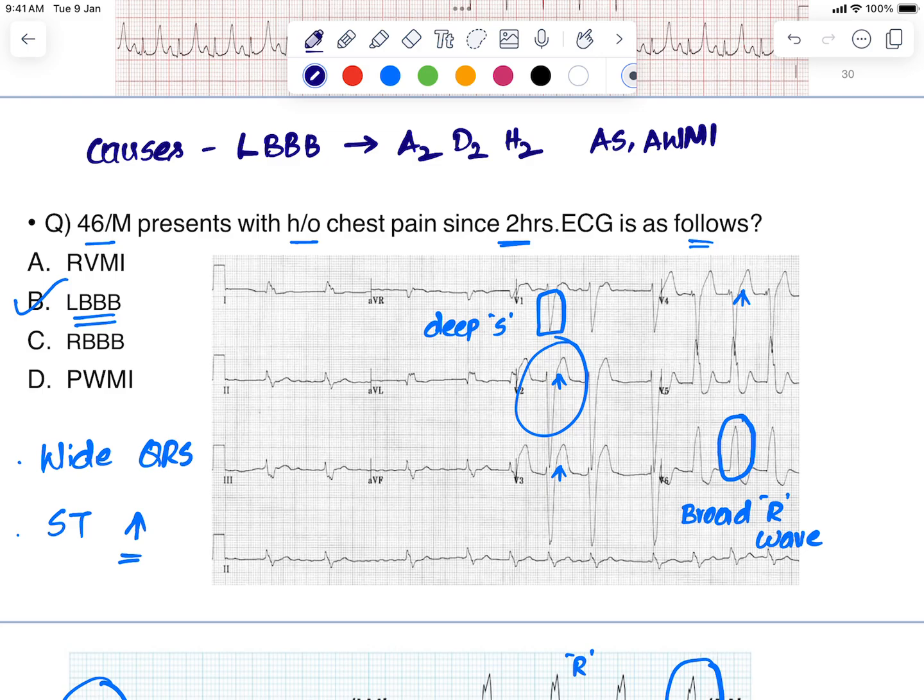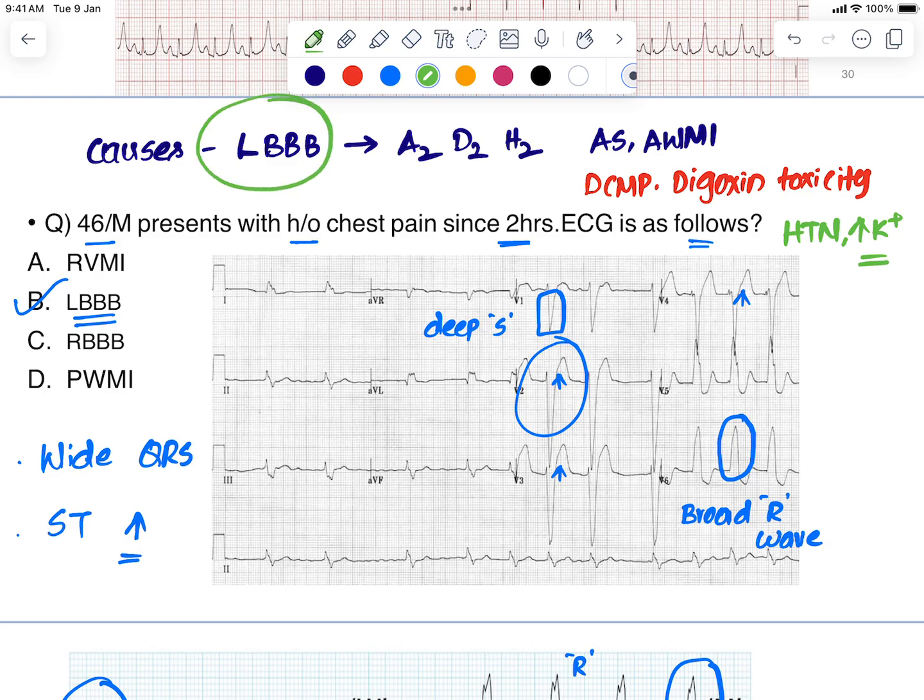D2 stands for digoxin toxicity and dilated cardiomyopathy, DCMP. And the last, H2, is hypertension and hyperkalemia. So these are the causes of the left bundle branch block.